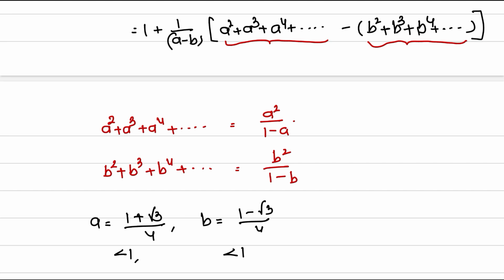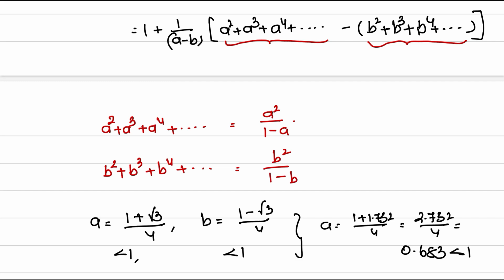If you want, you can calculate the values. a is equal to approximately (1 plus 1.732) by 4, that is 2.732 by 4. What is the value of 2.732 by 4? 0.683, less than 1.